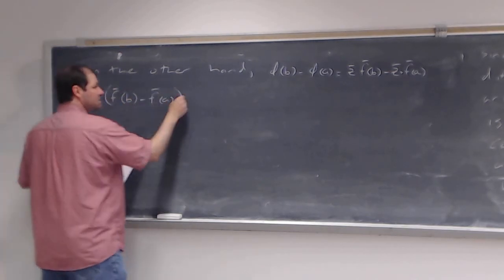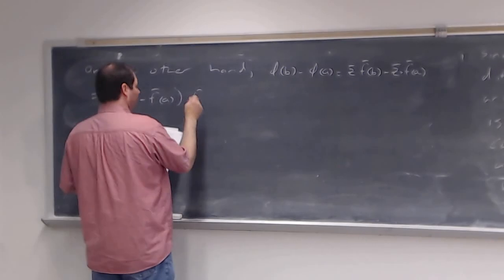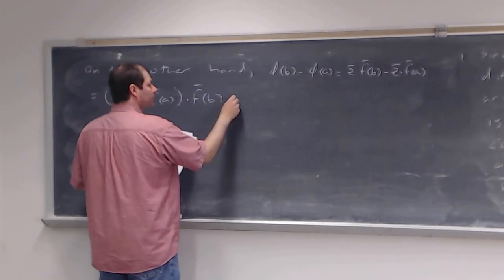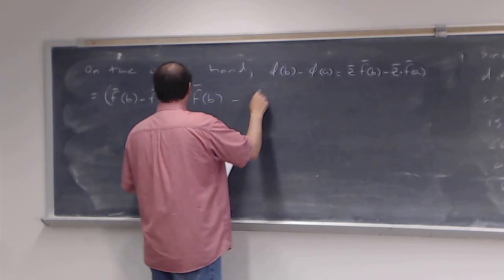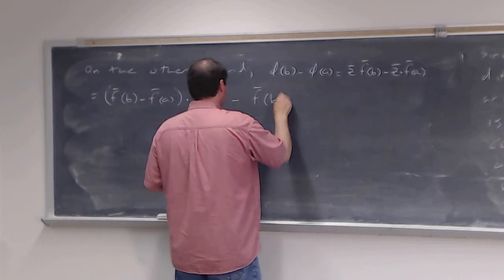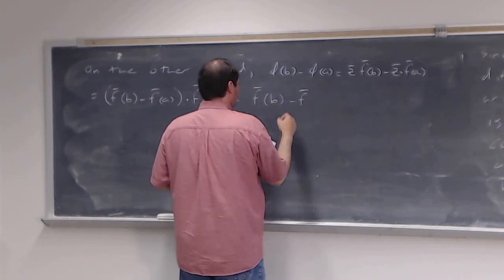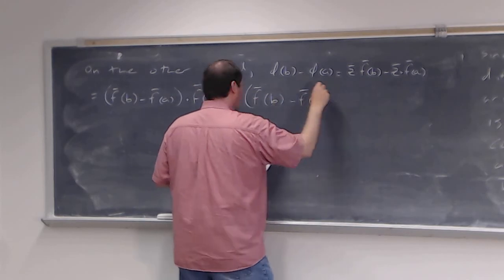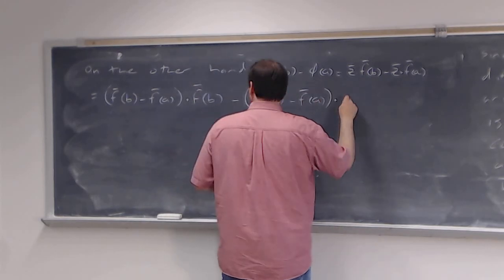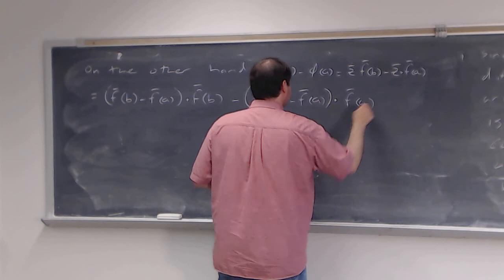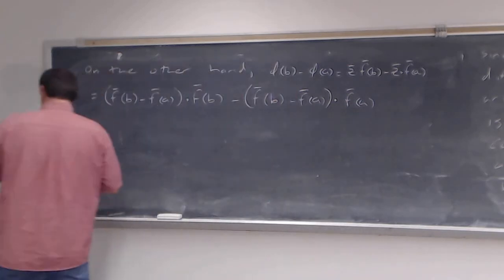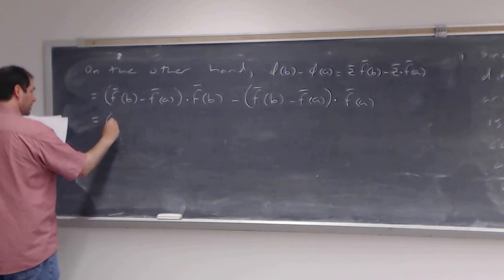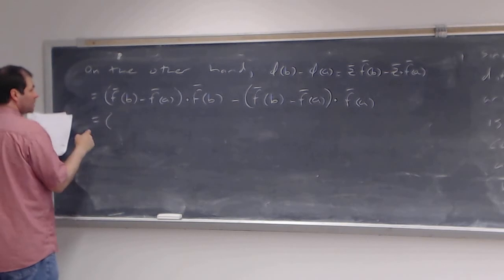Remember, that's what z is, inner product with f bar acting on b, minus f bar acting on b minus f bar acting on a, inner product with f bar acting on a. Maybe a little bit more detail on what I need to show here.